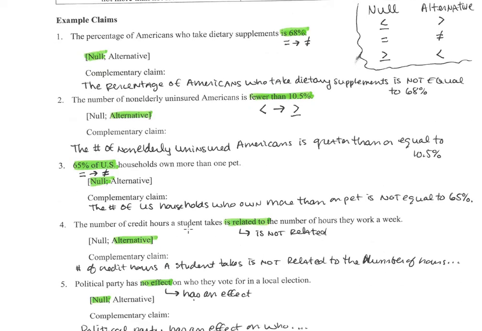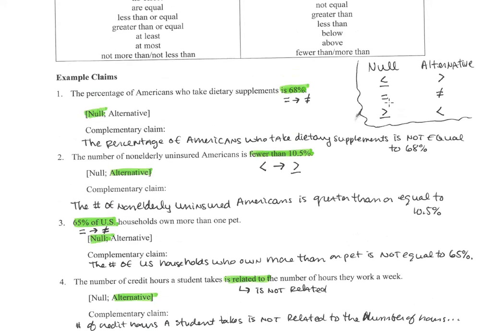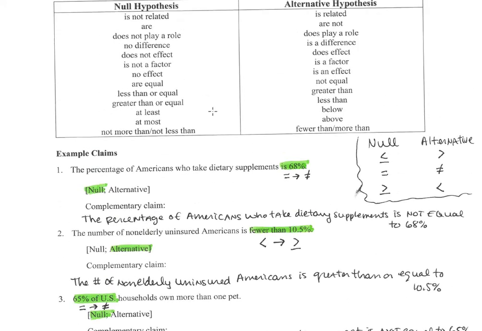The number of credit hours a student takes is related to the number of hours they work a week. You might be wondering where that fits here. Well, come up here and look for something similar to is related to. So this one is an is related.